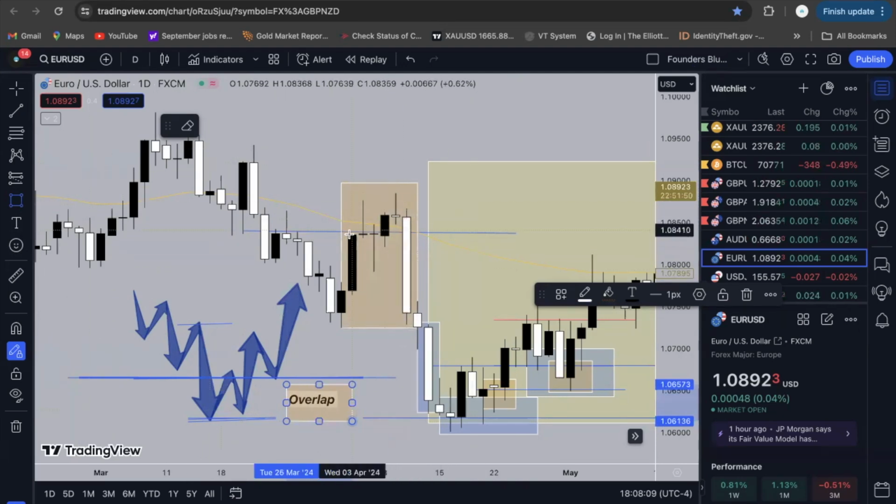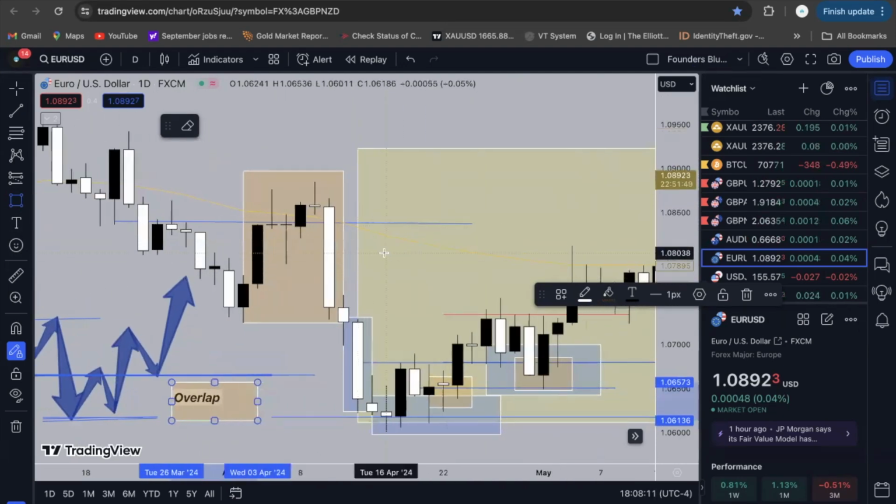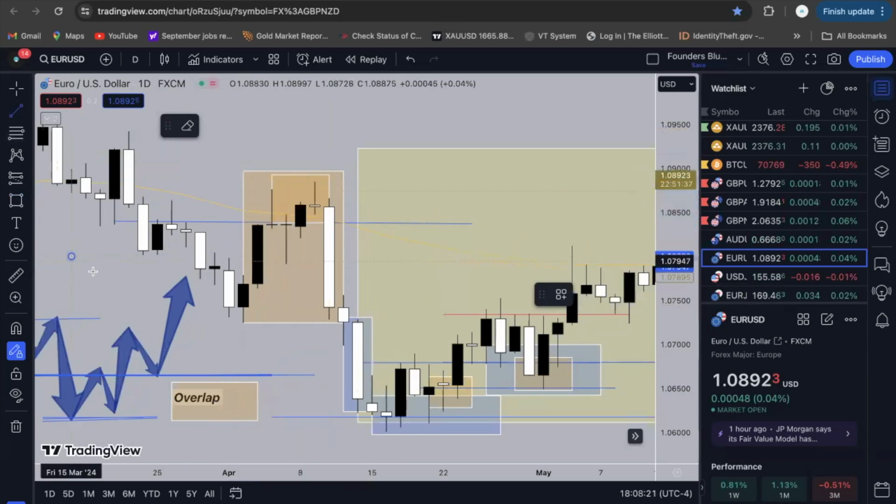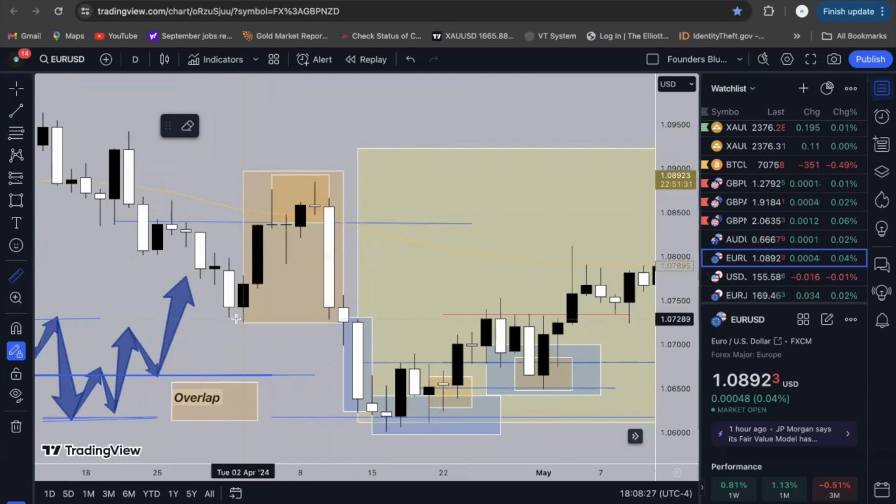So we were anticipating sales to come in right here from this level, right? What did it do? It broke above that level of resistance. So if you were in buys, let's say you got in right here and you took it from here to here, that's 107, 109 pips.